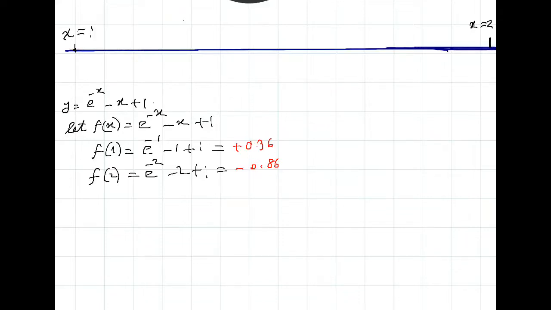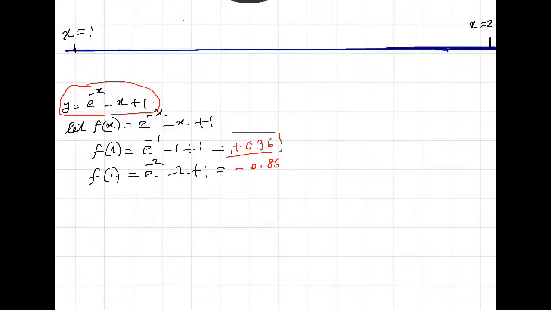So somewhere in between. So what we do, we use this equation here to find the function of x. So we say let f of x, which is the same as y, equal e to the power minus x minus x plus 1. And then we find f of 1 where x equal to 1, and this value will be a positive 0.36. And the same you do with the 2.